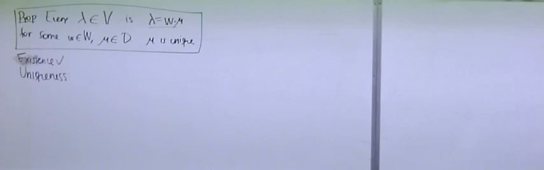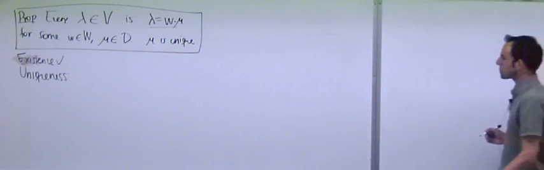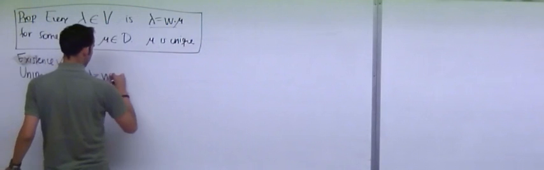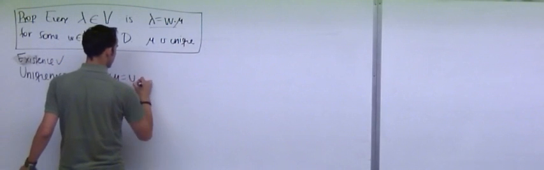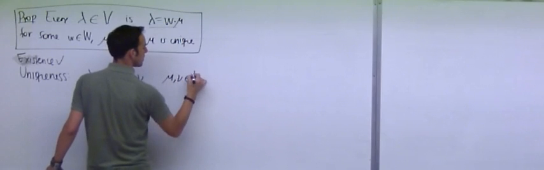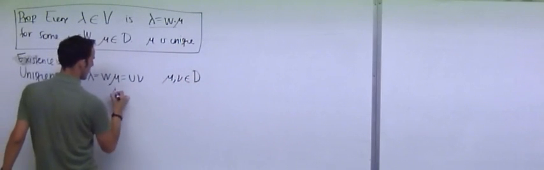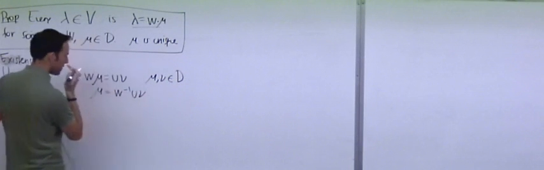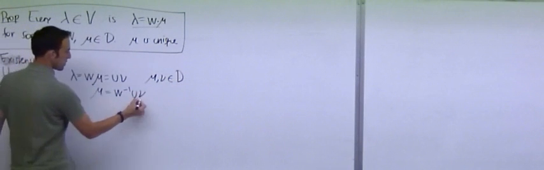Of course, this is equivalent because if you had a point that can be written as W times mu and U times nu, if you had lambda equals W times mu equals U times nu for mu and nu in the fundamental domain, then you would get an expression for mu in terms of nu. Okay?